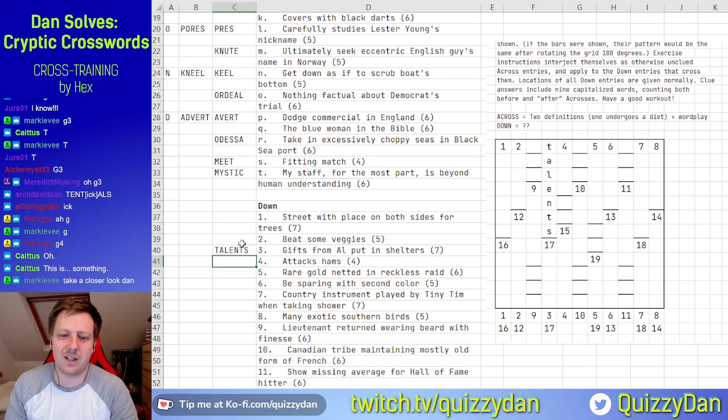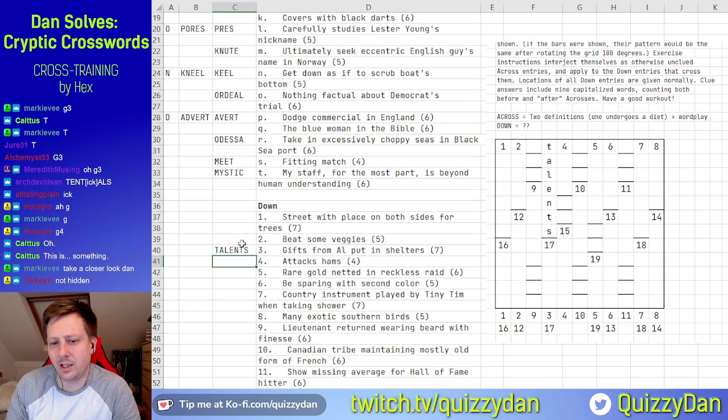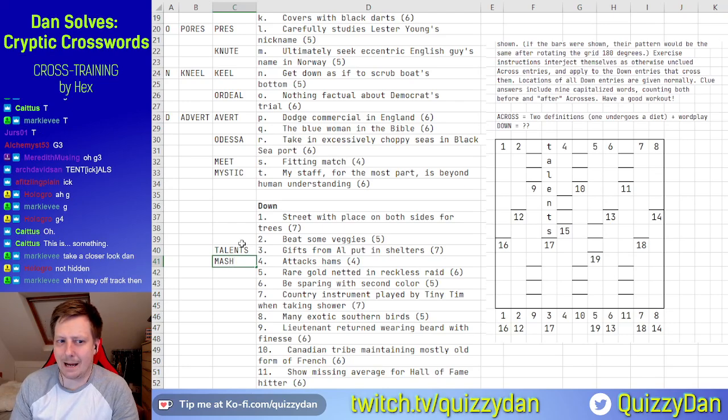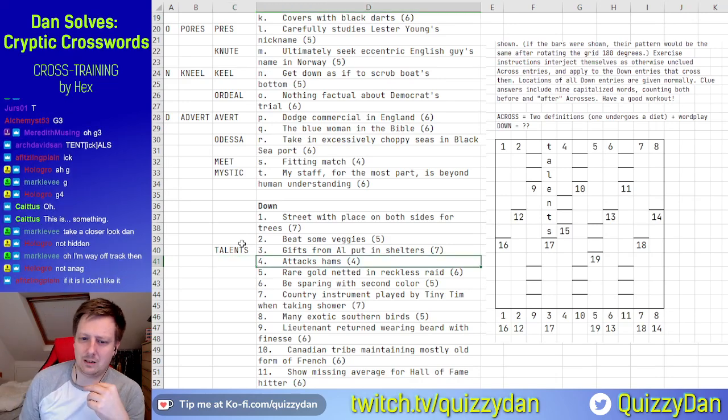I don't like it if it's a hidden. Not hidden. Attacks hams could be an anagram: mash or sham. Anagram of hams for mash. I don't like it because it's not in and lit enough. Don't like it.